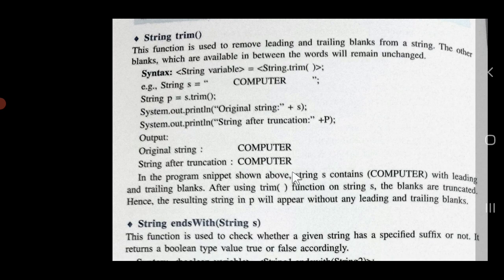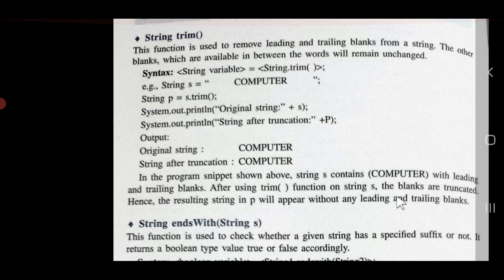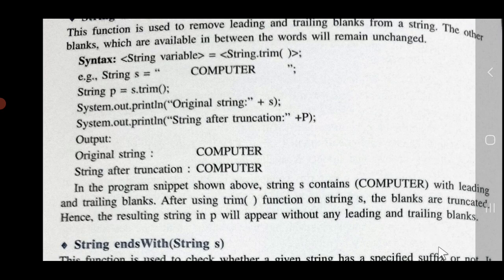In the program snippet shown above, the string contains computer with leading and trailing blanks. After using the trim function on string s, the blanks are truncated, hence the resulting string in p will appear without any leading or trailing blank spaces.